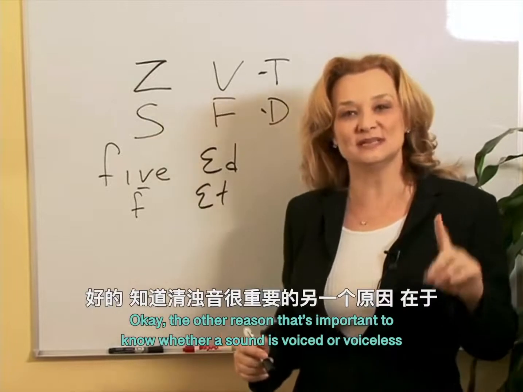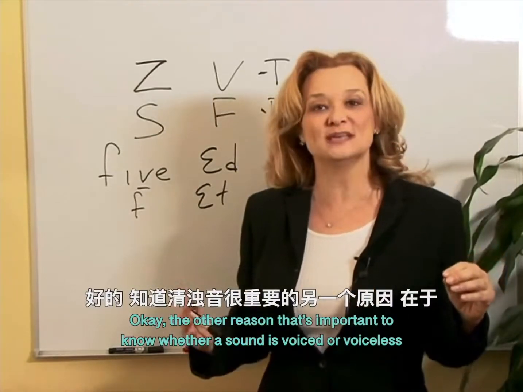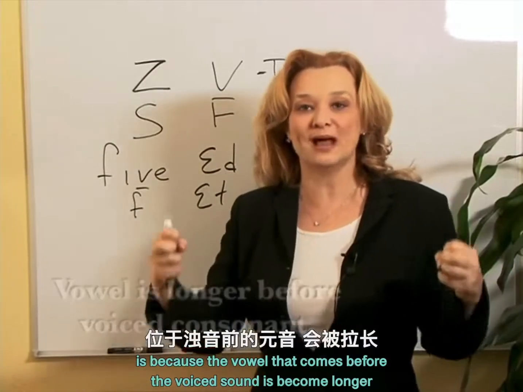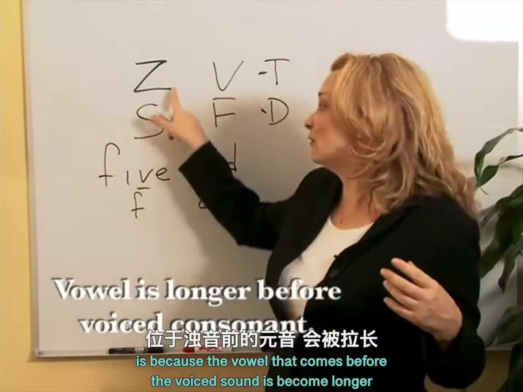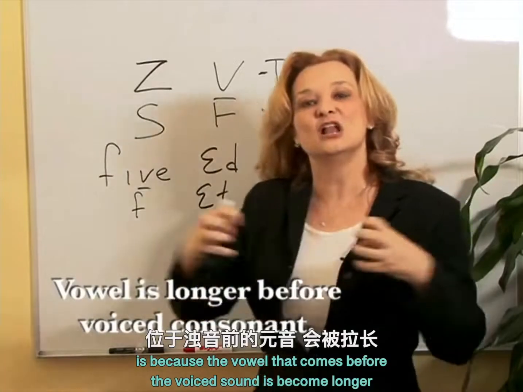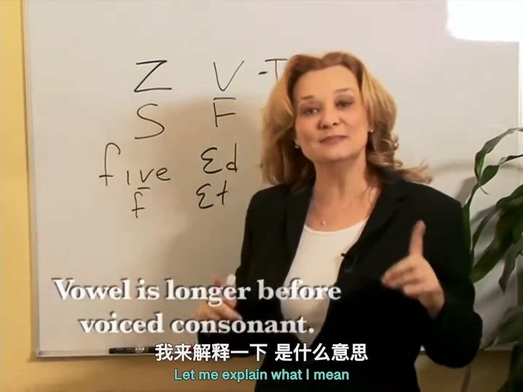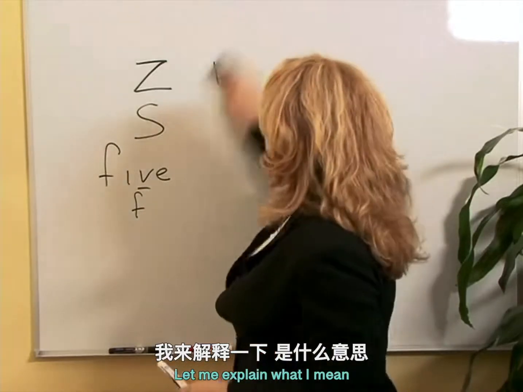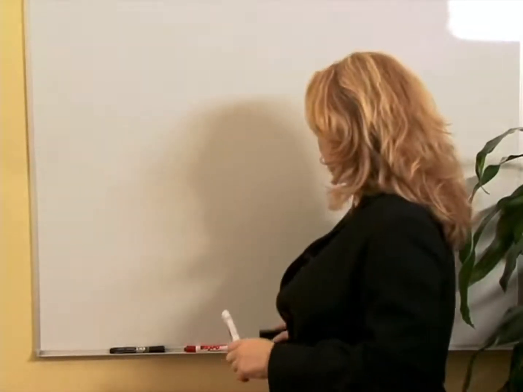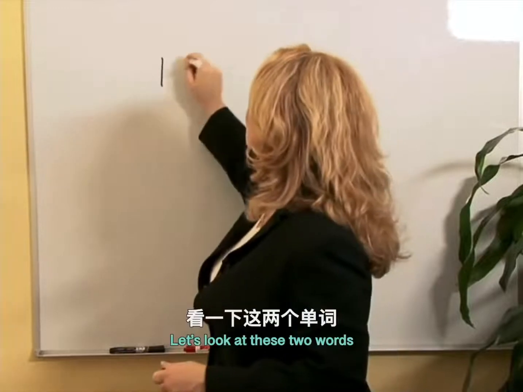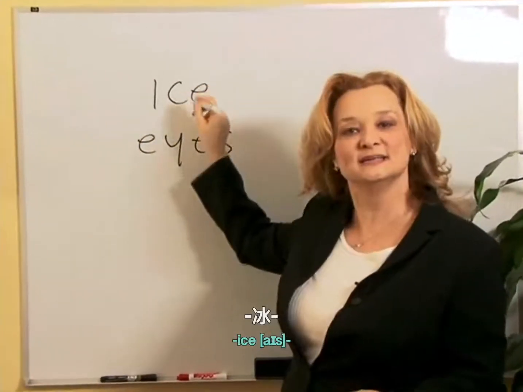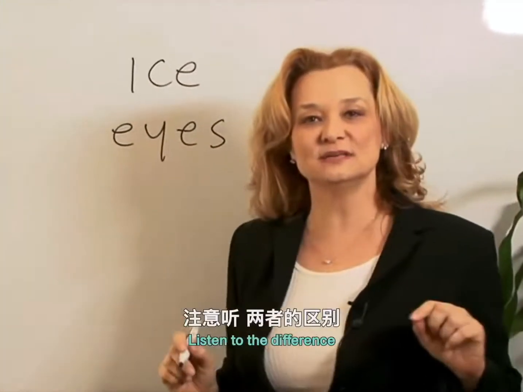Okay, the other reason that it's important to know whether a sound is voiced or voiceless is because the vowel that comes before the voiced sound is longer. Let me explain what I mean. Let's look at these two words. Ice, eyes. Listen to the difference.